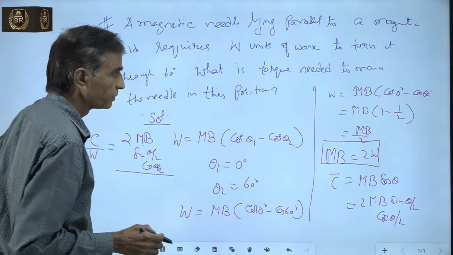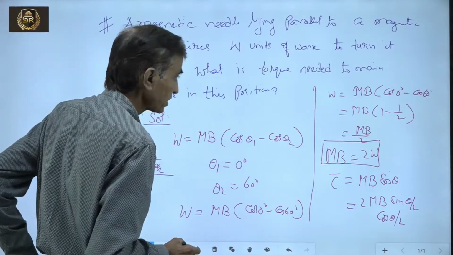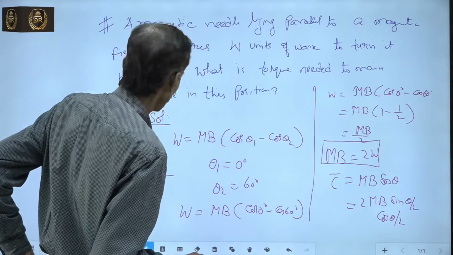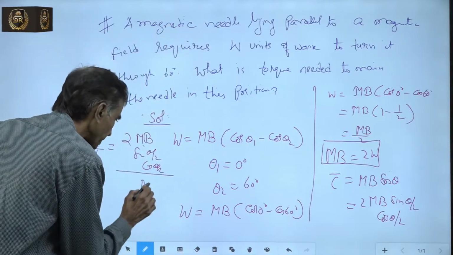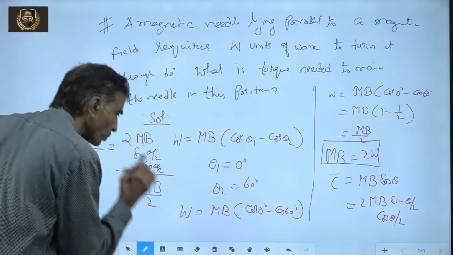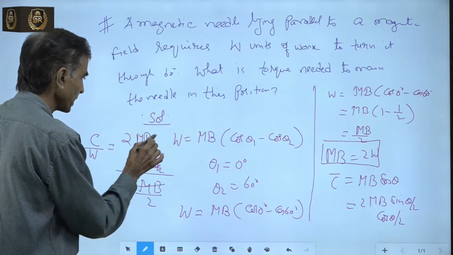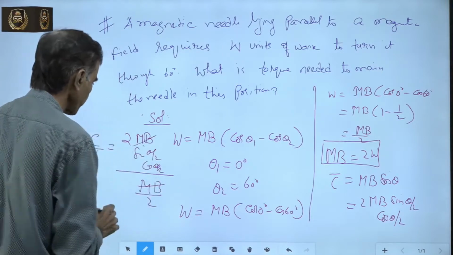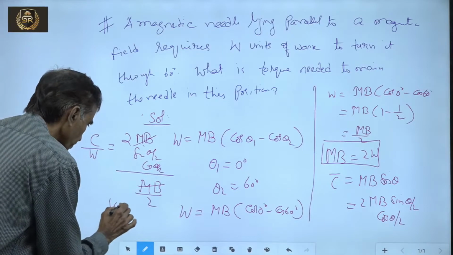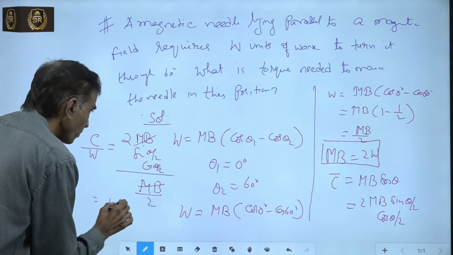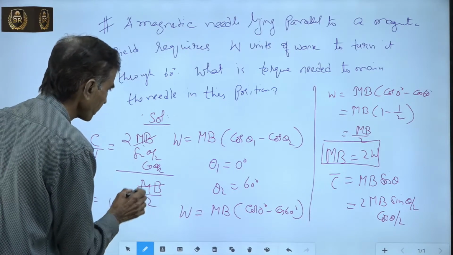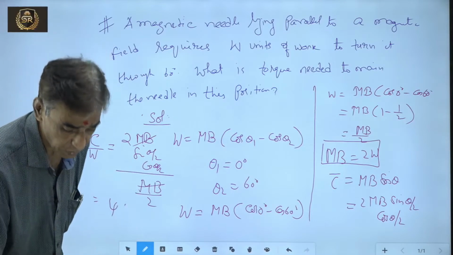In place of W, MB by 2. Therefore, MB cancels. 2 will come to the numerator.